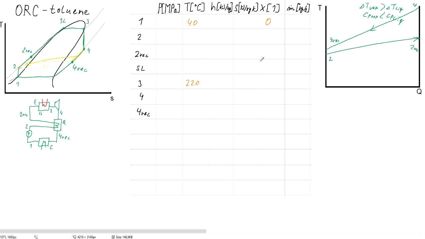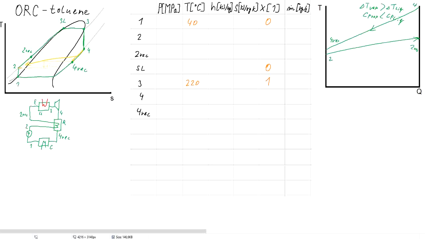Then we know that for the saturated liquid point, X is 0 also at the high pressure, so over here. And we assumed no superheating at the expander inlet, so here the steam quality is 1.